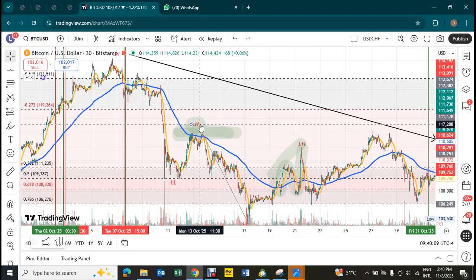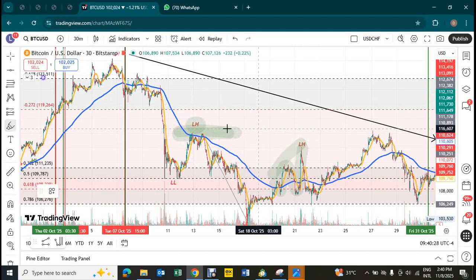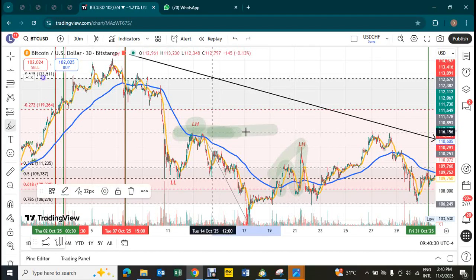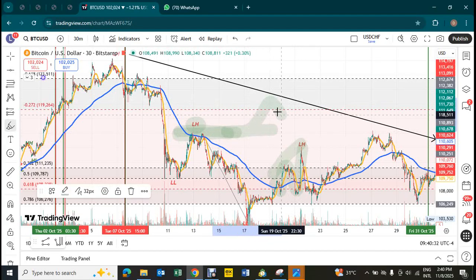If price comes up and breaks this second LH, it means the market is now moving from the downtrend to the uptrend. That's a switch, meaning the uptrend market is now building. That is only if price comes towards this level, breaks it and comes above, then we're looking at a shift and we're looking for bullish momentum.